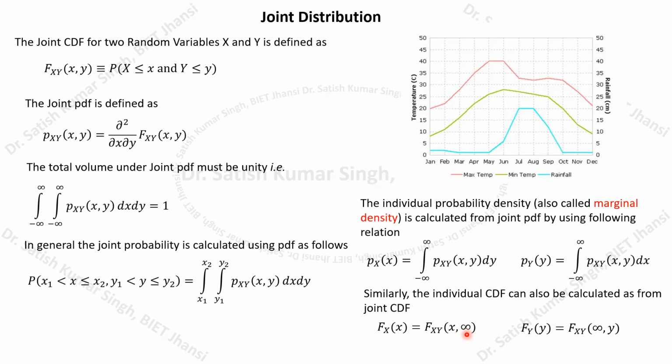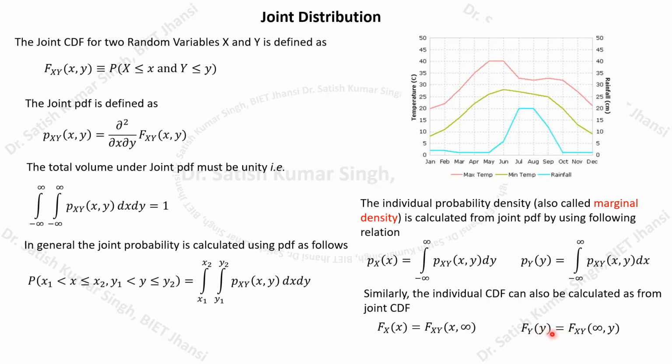It is the probability that the random variable capital X will be less than or equal to x, and the probability that the random variable capital Y will be less than or equal to infinity. As Y is a random variable, we know that probability will become 1.